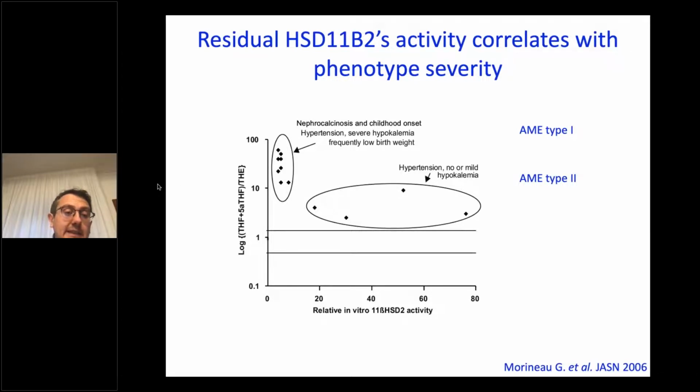And the enzyme activity can be tested by checking the urinary level of cortisol and cortisone metabolites. It's not, at least in our clinic, a routine exam, but I think it can be affordable.